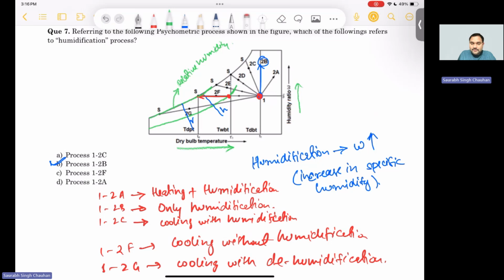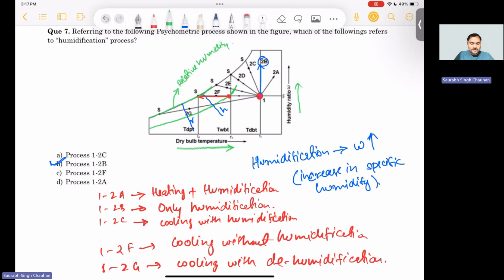And for human comfort, we need a certain range of relative humidity. Okay, so if humidity is increasing, then you feel some sweating type of thing, right? So with the cooling, you also need dehumidification, so that relative humidity remains in the human comfort range. Okay, and in winters, when you are doing heating, then if you don't change the humidity, relative humidity will be reduced.